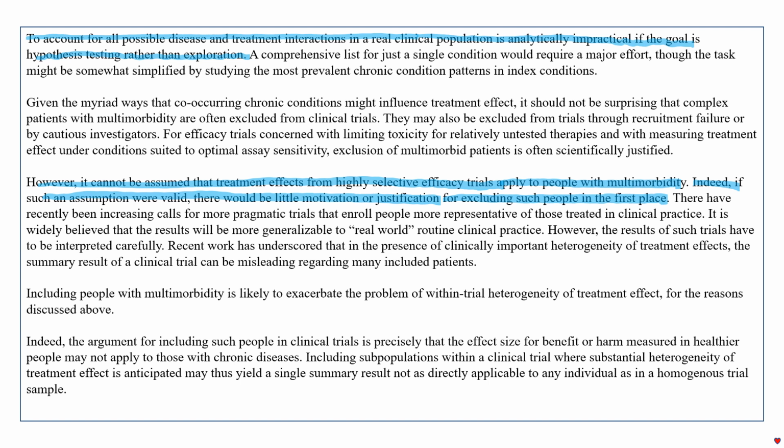Indeed, the argument for including such people in clinical trials is precisely that the effect size for benefit or harm measured in healthier people may not apply to those with chronic diseases. Including subpopulations within a clinical trial where substantial heterogeneity of treatment effect is anticipated may thus yield a single summary result not as directly applicable to any individual as in a homogeneous trial sample.